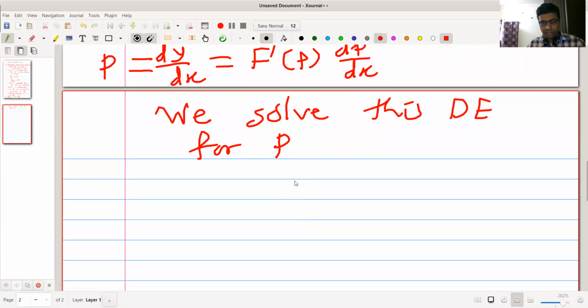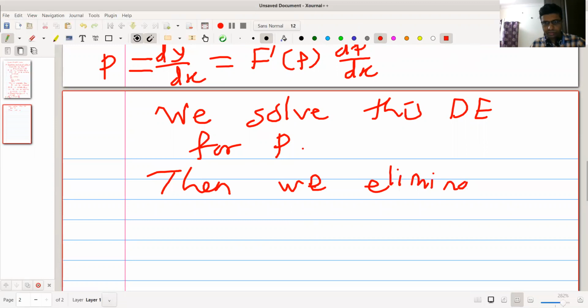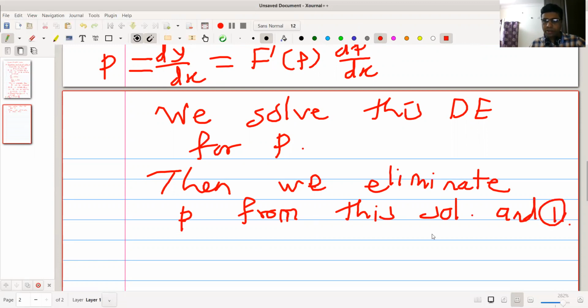And then we eliminate p from this solution and 1. In some cases, it is not possible to eliminate p.